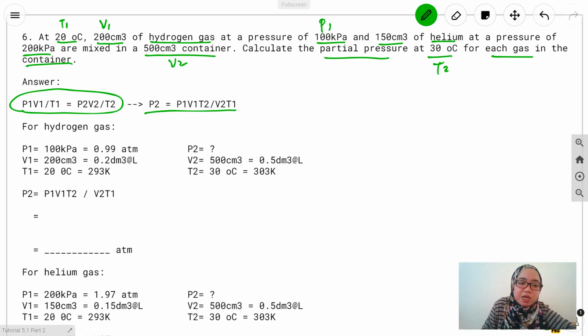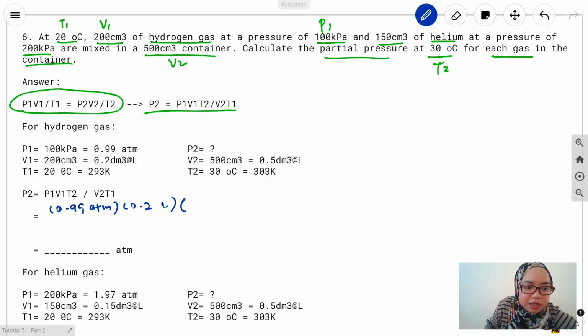When we use this equation, P2 equals P1 V1 T2 over V2 T1, we substitute all the information into it. We get P1, 0.99 atm, times V1, 0.2 liter, times T2, 303 Kelvin, over V2, 0.5 liter, times T1, 293 Kelvin.